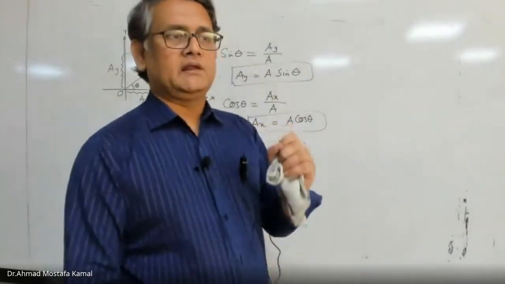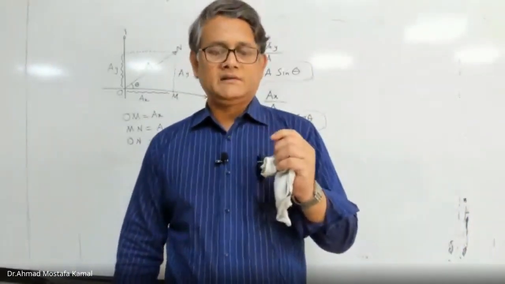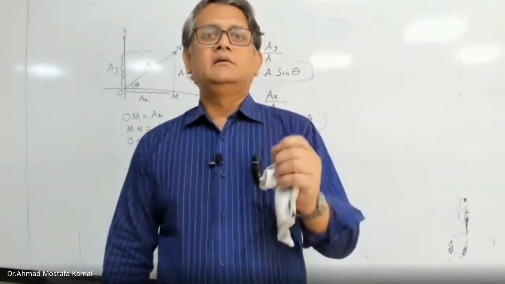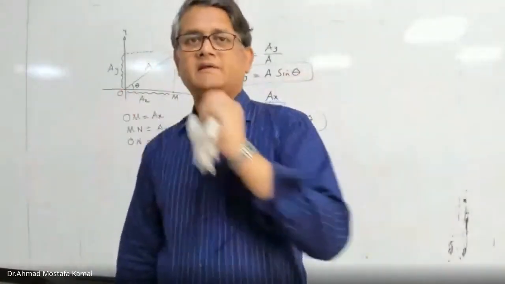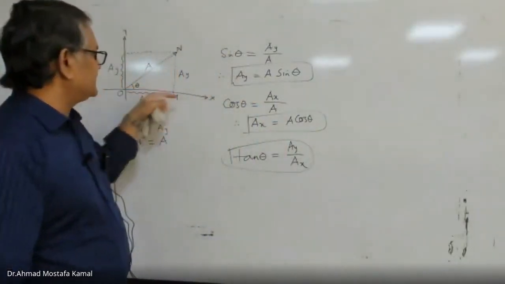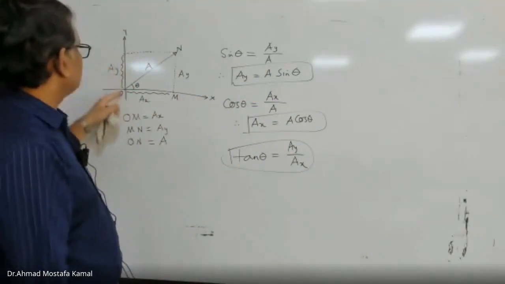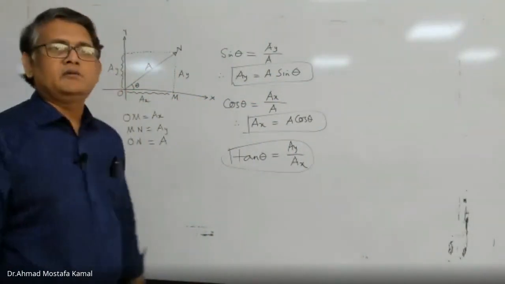Then we can say that the x component of vector A, which is Ax, is working along the direction of x, and you see this one is working along the direction x, and the y component of the vector is working along the direction of y.